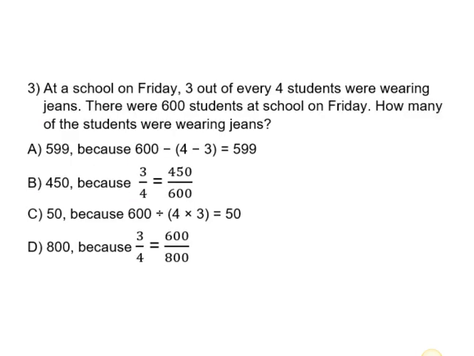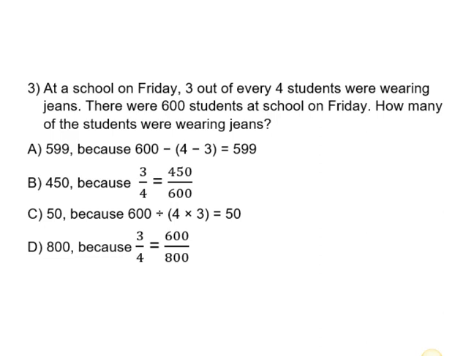Question number 3. At a school on Friday, 3 out of every 4 students were wearing jeans. There were 600 students at school on Friday. How many of the students were wearing jeans? A, 599, because 600 minus 4 minus 3 is equal to 599.